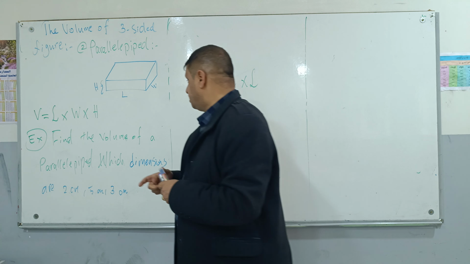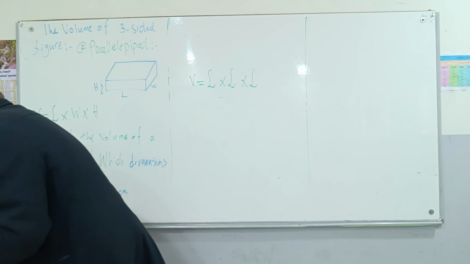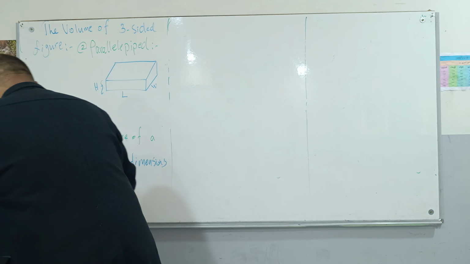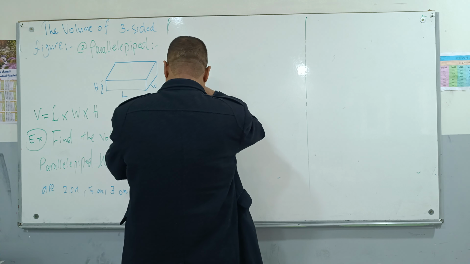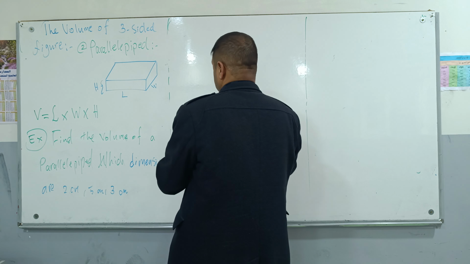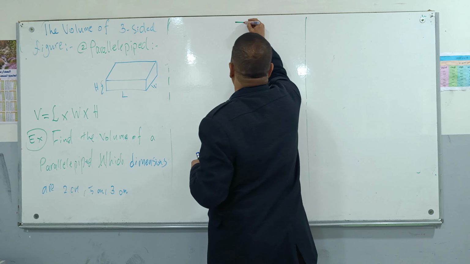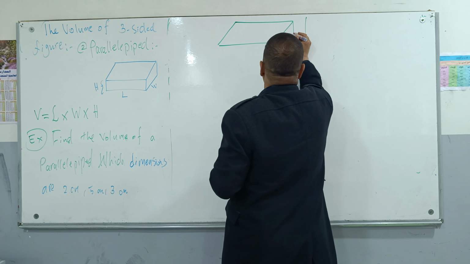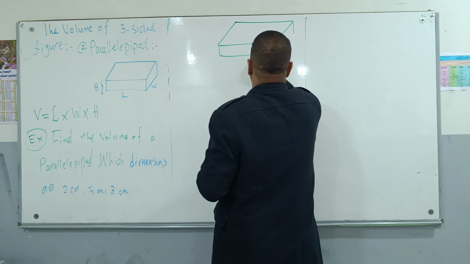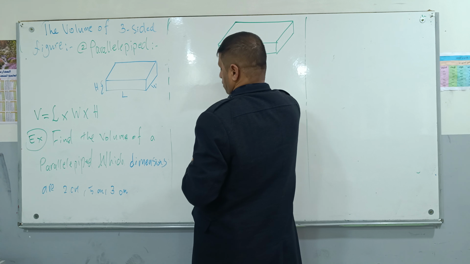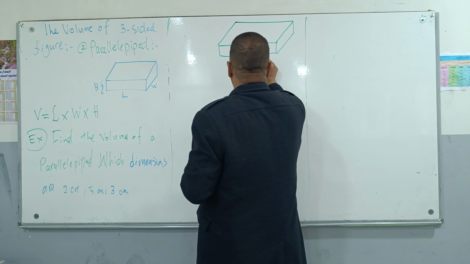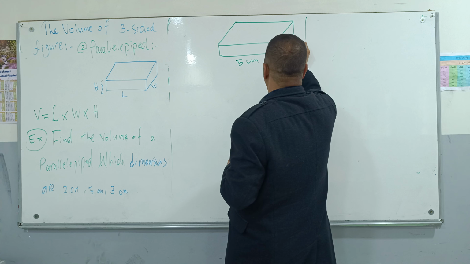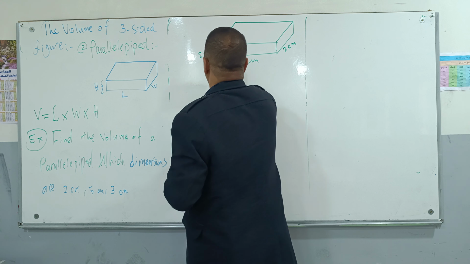Okay? Friends, I will draw it for you so as to see it and discuss this shape with me also, students. Let's draw it on this board. Here it is. Here is 5 centimeter. Here is 3 centimeter. And here is 2 centimeter.